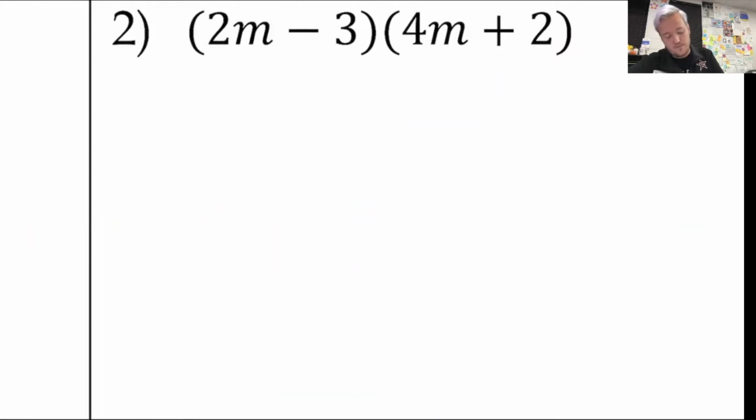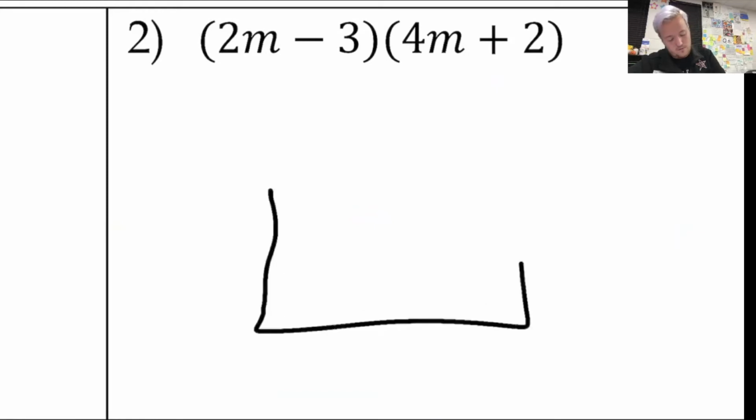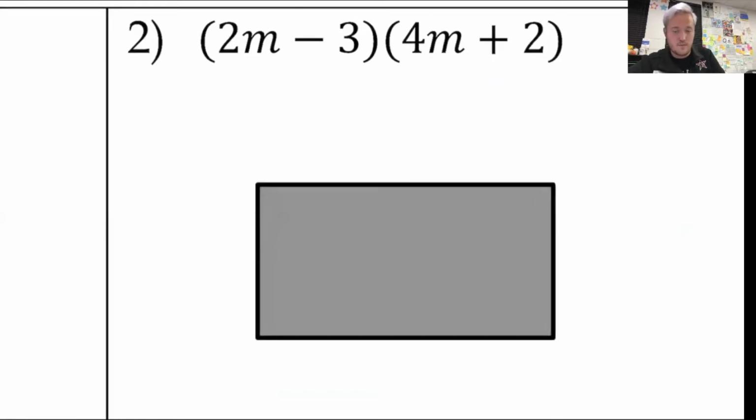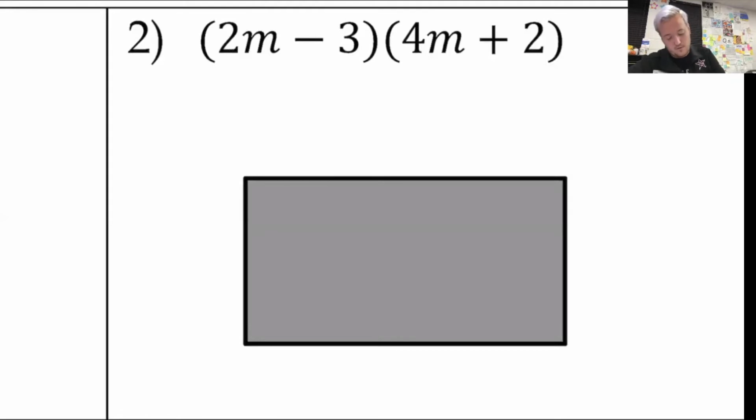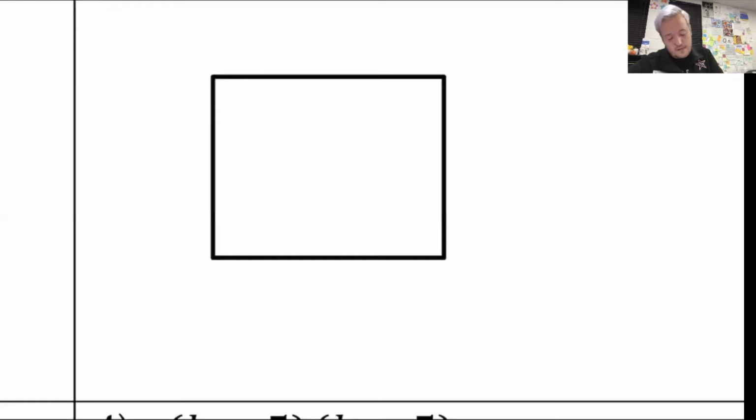All right, so draw myself a little box, or try to. Oh my gosh. Okay. Okay, so you can draw yourself a square, you can draw a rectangle, it really doesn't matter.